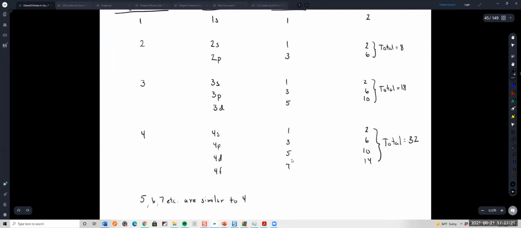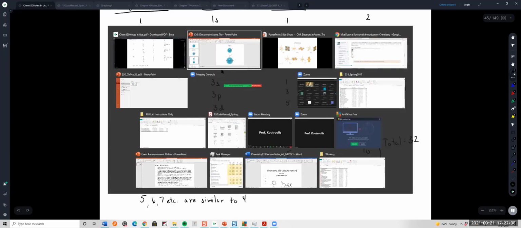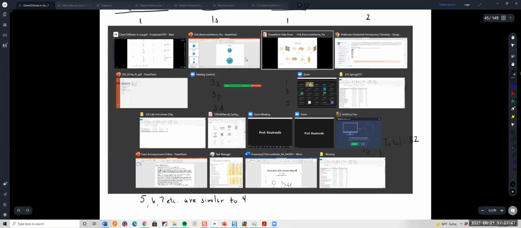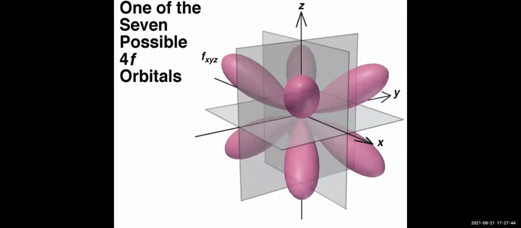It just means the boundaries get bigger and the electrons can go farther away. These things all exist on top of each other. Okay? As I said, it's kind of a tough concept mentally.